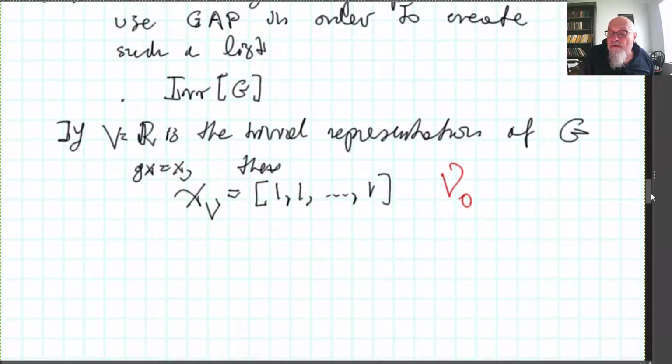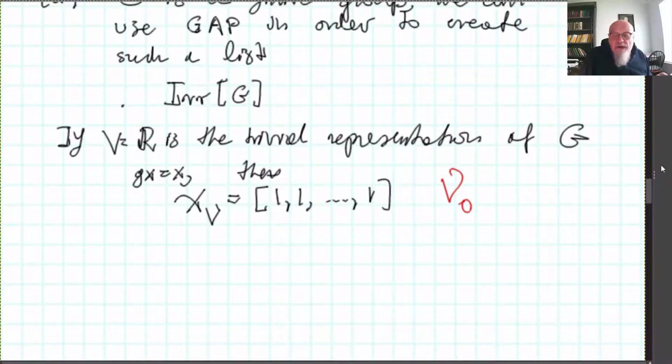However, in our case, since we are using GAP, and GAP is numbering this representation, it is actually our irreducible representation, small i, irreducible number 1. Sometimes it is convenient to use 0, so you understand this is the trivial representation, or you can just use the GAP numeration and write 1.